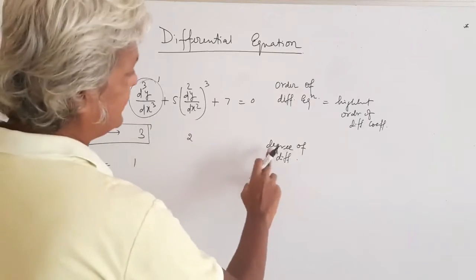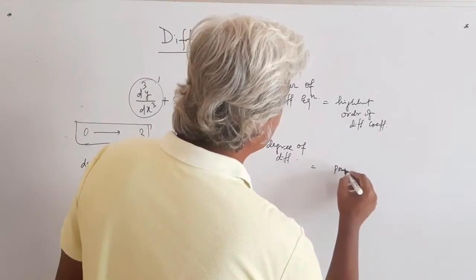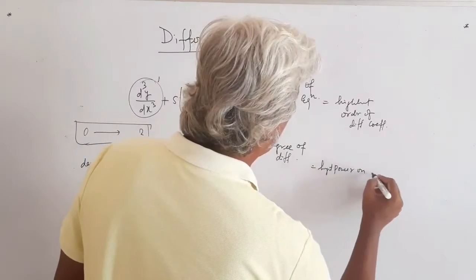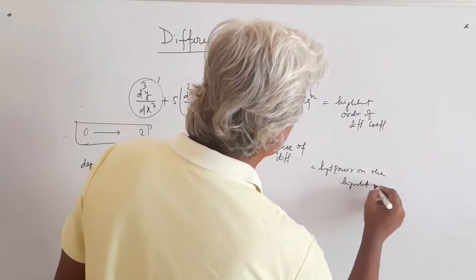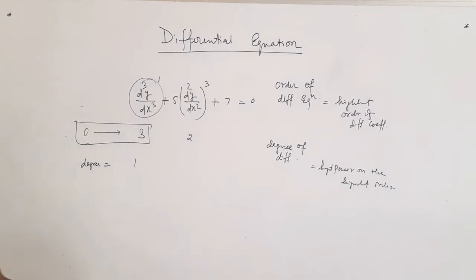So the degree of a differential equation is the highest power on the highest order. Okay, now I'll take some more examples and then we'll talk about their degrees and order one by one.